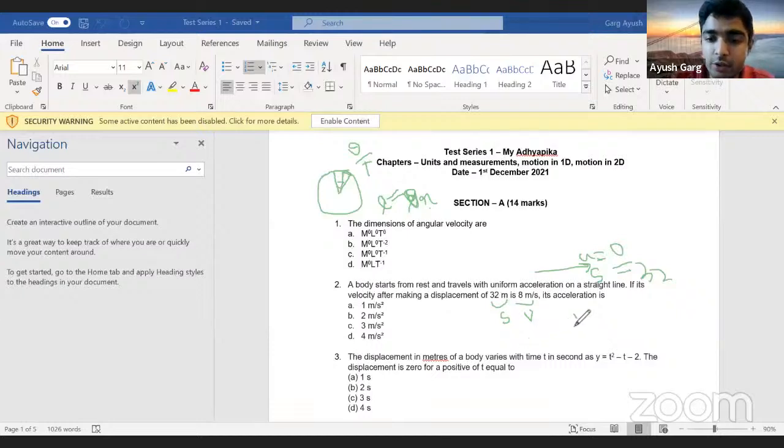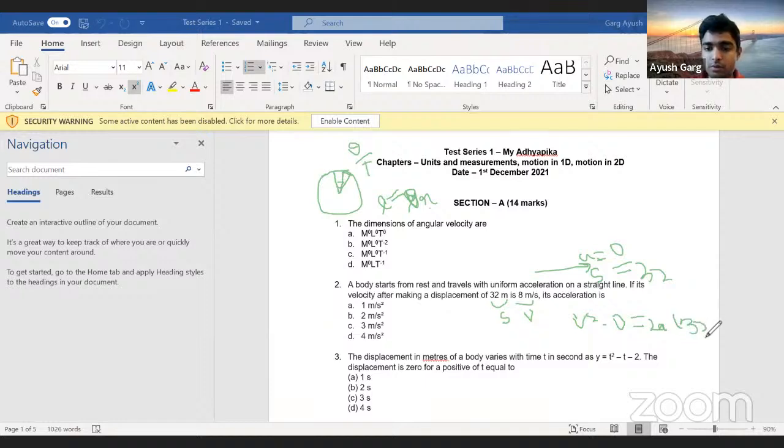So now if v is equal to 8, so 8 square is 64, minus u square, which is 0, is equal to 2 into acceleration, 2a into s. S is what? 32 meters.